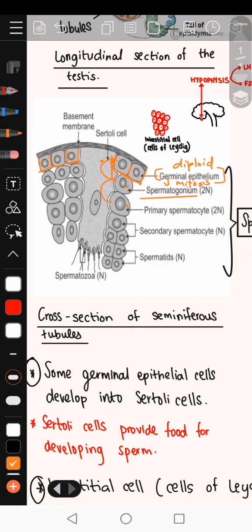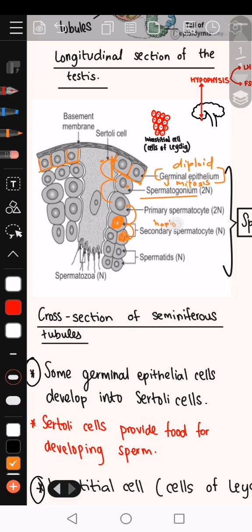Then that primary spermatocyte undergoes meiosis, and after the first meiotic division, it will give rise to two secondary spermatocytes, but they will be haploid.